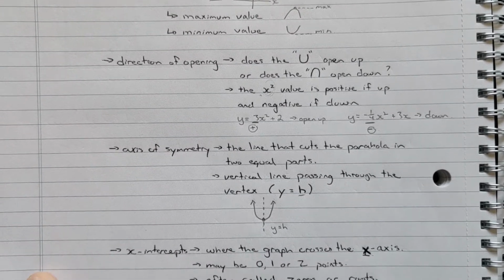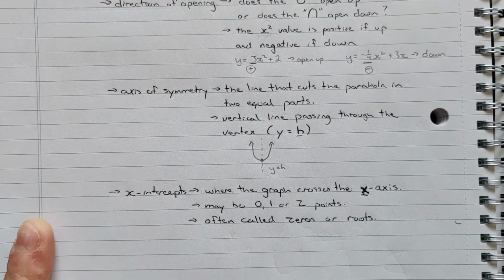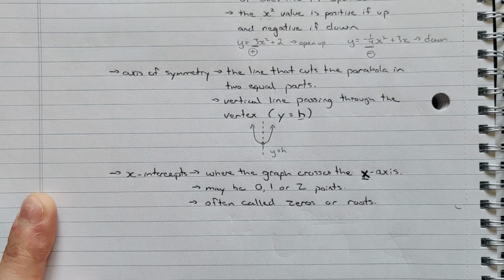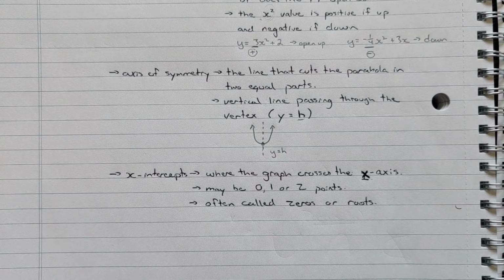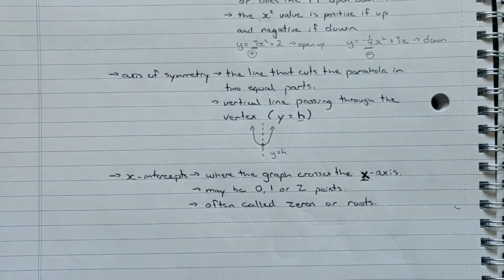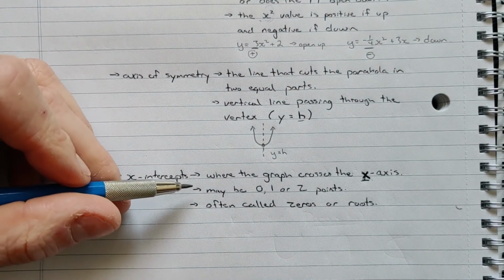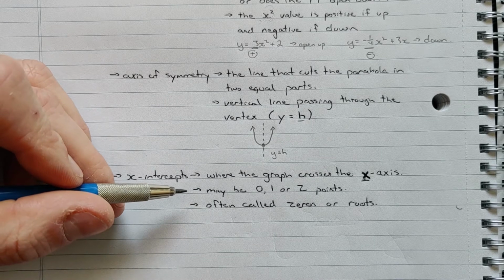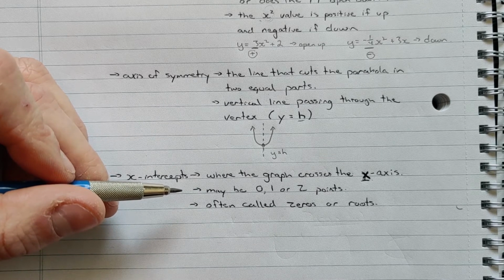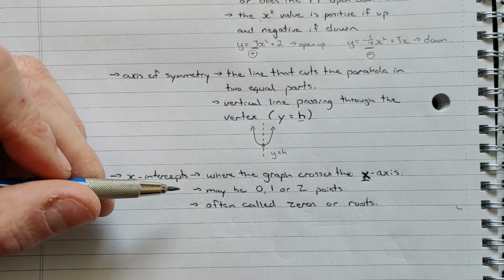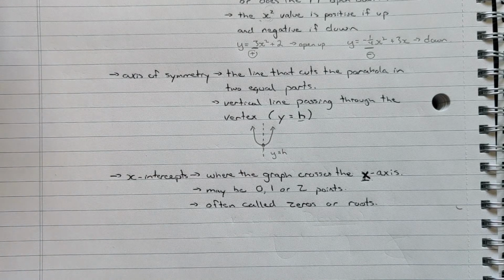And then the last key definition is just expanding upon what we know of x-intercepts. So x-intercepts are where the graph crosses the x-axis, as we know from linear relations. Okay, so make sure that it is the x-axis, x-intercepts. There may be one point like a linear relation, but there also might be 2 points, or there could even be no points that cross the x-axis.